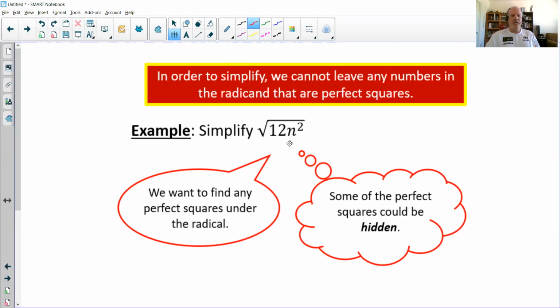Now I can see that there is an n squared, and we can take the square root of n squared. But there could also be hidden perfect squares inside the radicand. So we want to find any numbers that are perfect squares that are hiding inside this 12.